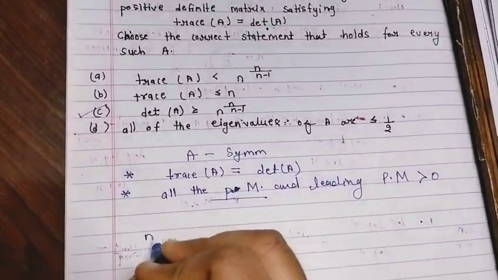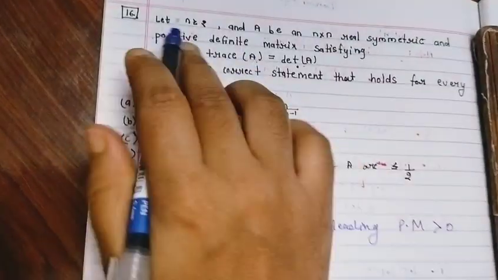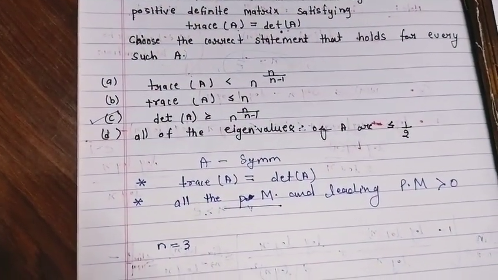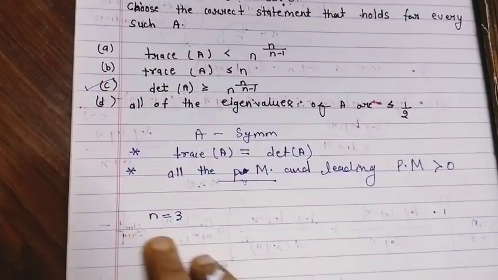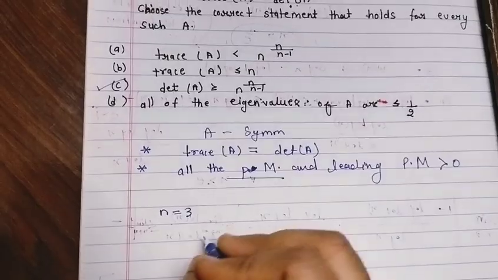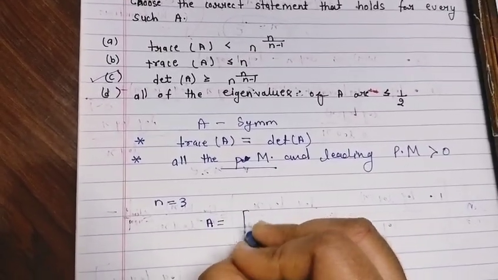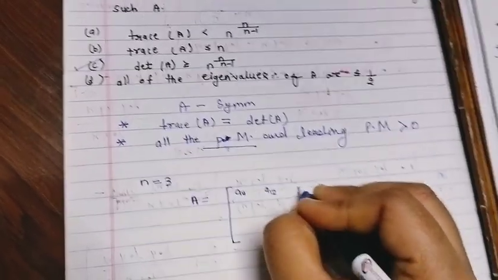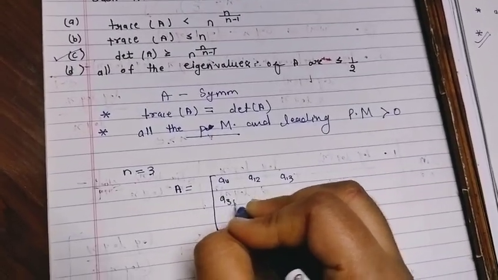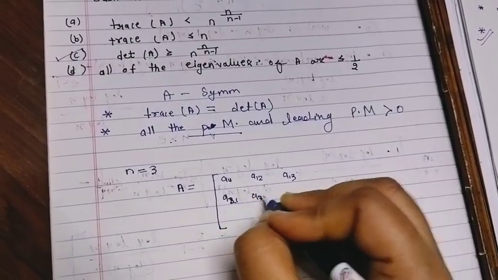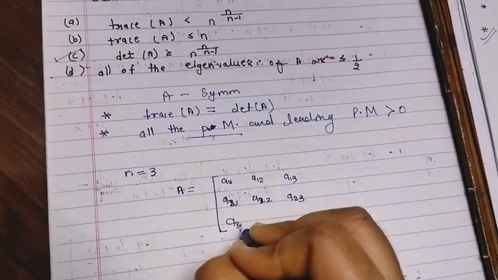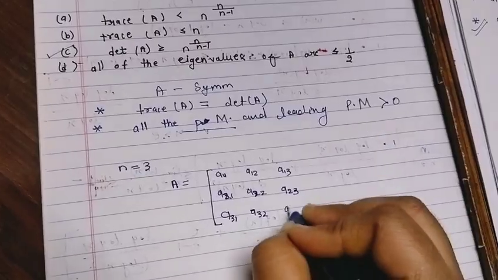Let's say my n is 3. I can choose n is 3 because n is given as greater than or equal to 2. So I can choose any number which is greater than or equal to 2. So this is n, for n equals 3. Let's say my A is a symmetric matrix, A11, A12, A13, A21, A22, A23, A31, A32, A33.